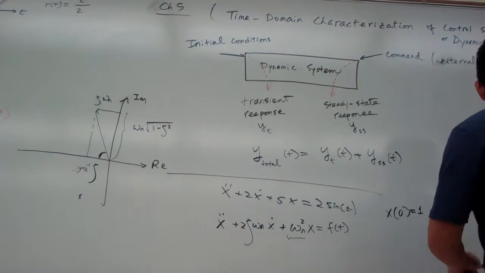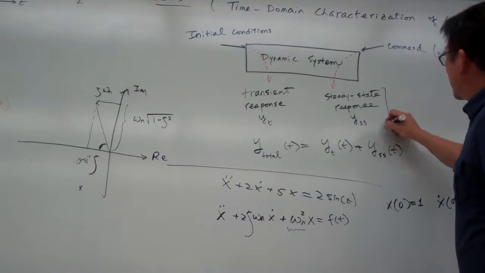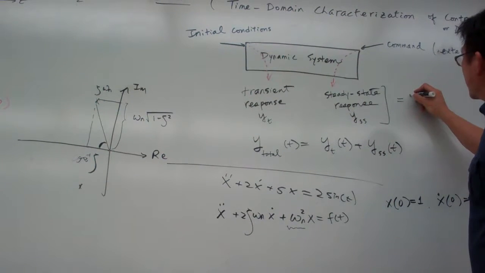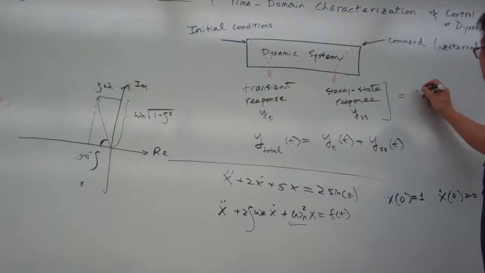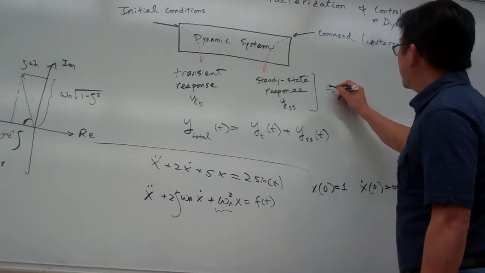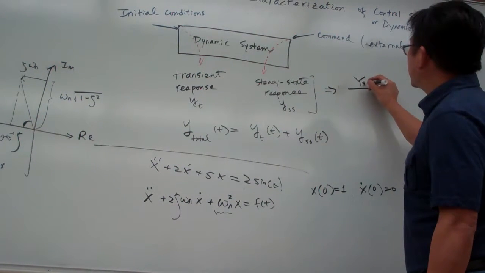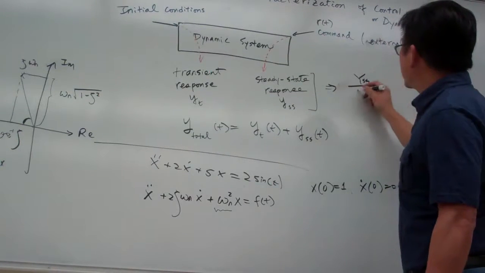So, for example, let me define this steady state response as y, and for example the command is r of t, so here is r.